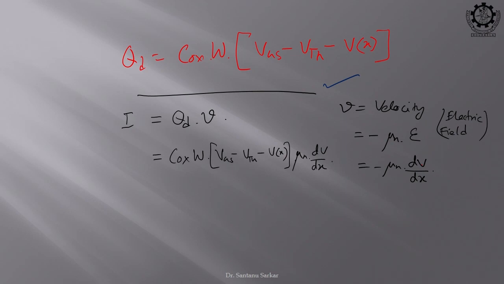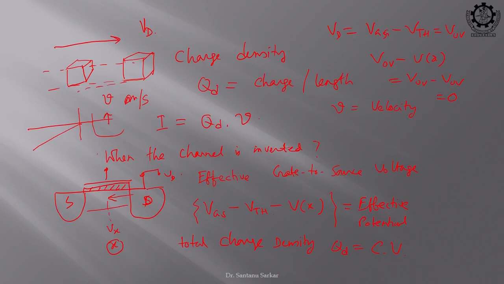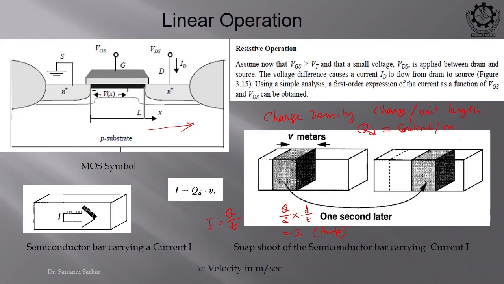So, if we model this for the total channel, we consider that it is starting from position 0 to position L, where L is our total channel length, right. So, if we integrate this current over a total distance of L, then we will get the total current of the MOSFET.